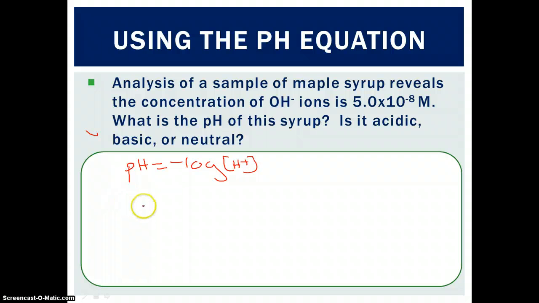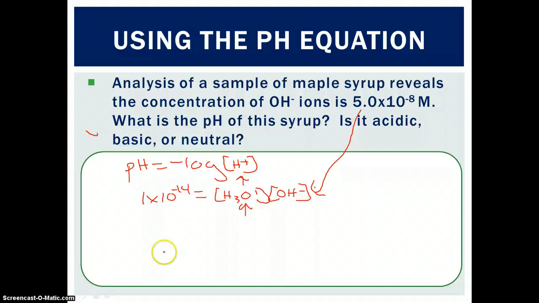We also know that 1 times 10 to the negative 14 equals the hydronium ion concentration times the hydroxide ion concentration. So first, I want to plug this into here to solve for this, and plug that into there.